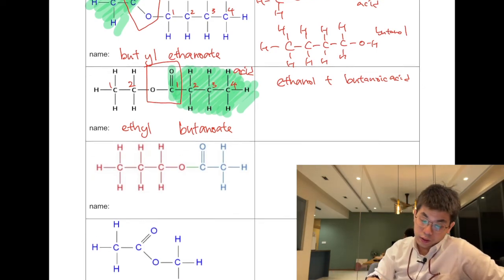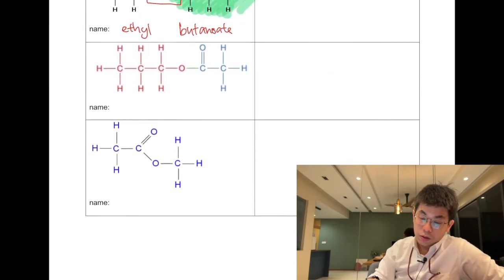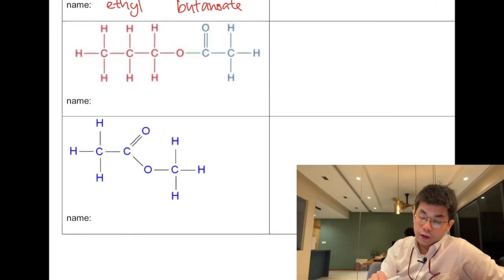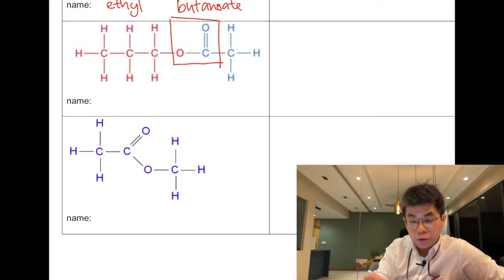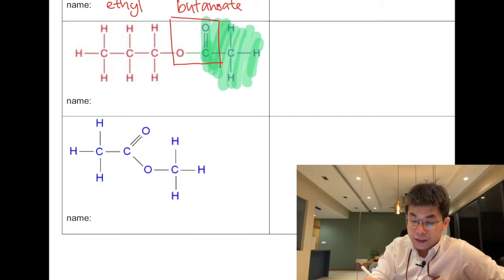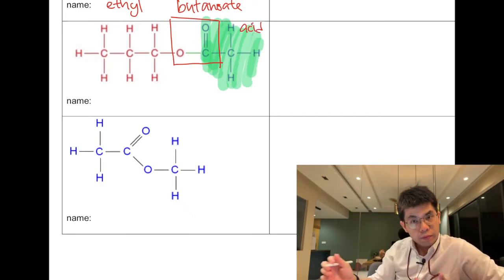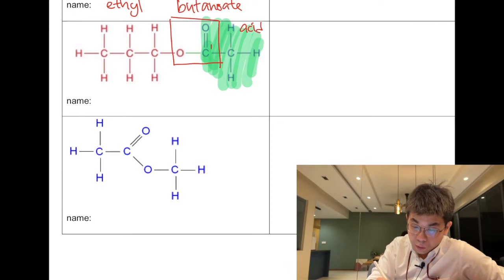Alright, now let's look at 2 more examples. Over here, we have another ester. Step 1, find the ester link. Step 2, find the C double bond O, and then color this side, remembering that this side is the acid side. The acid side has 1 carbon, 2 carbon, so it's eth.